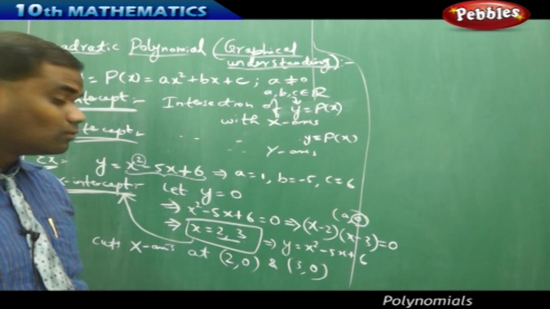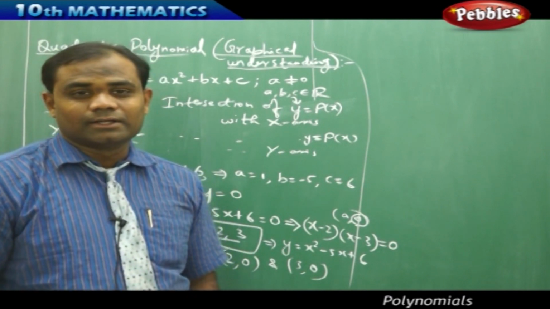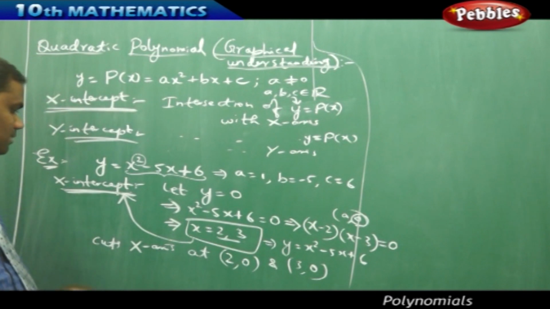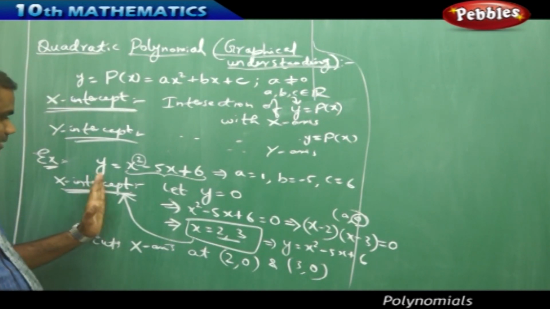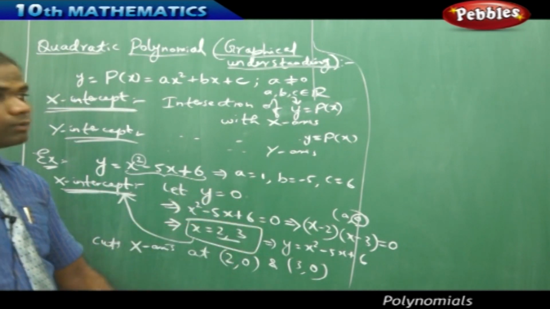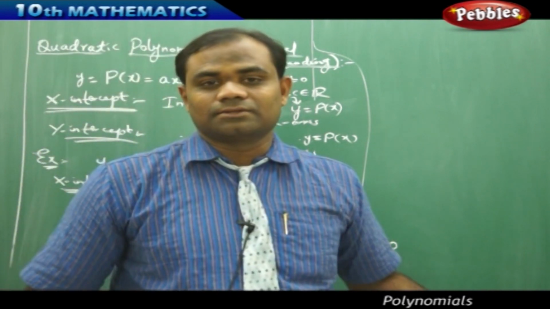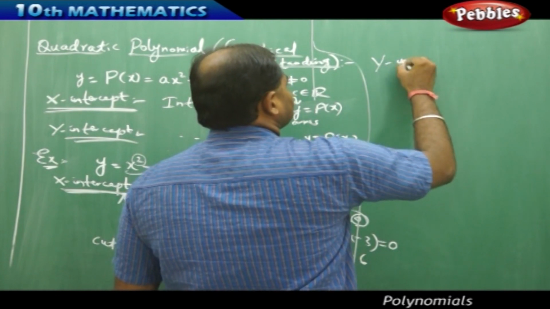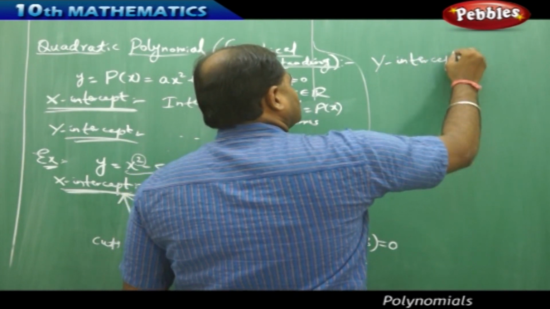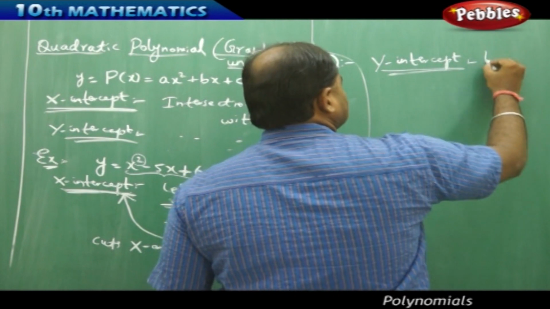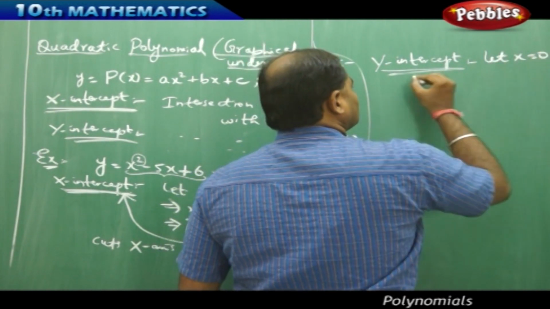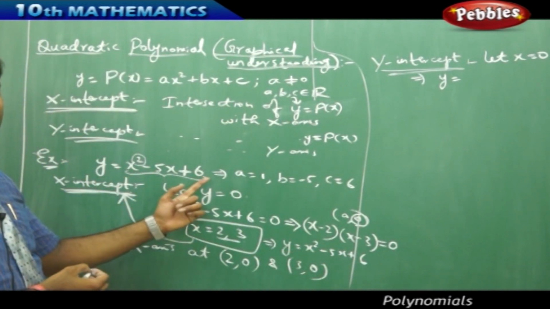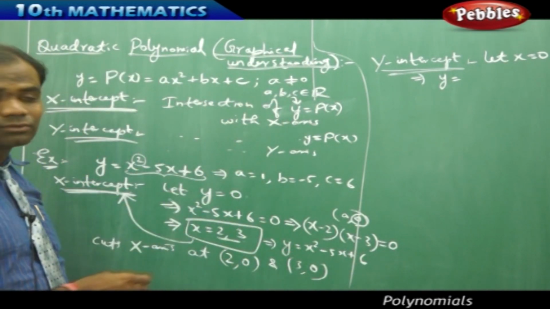Similarly, let's see the y-intercepts, the points where the graph cuts the y-axis. To start with the y-intercept, as I said with the rule, the x-intercept implies take y equal to 0, and the y-intercept implies I will take x equal to 0. So let x equal to 0. That implies the polynomial y equal to x squared minus 5x plus 6 is simply evaluated at x equal to 0.